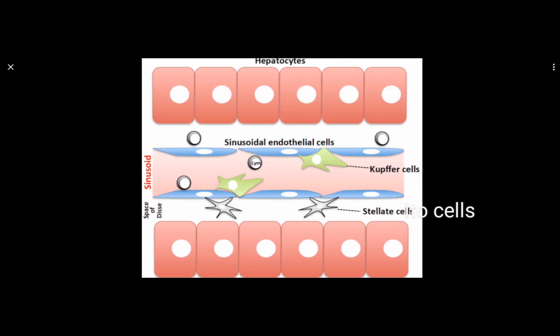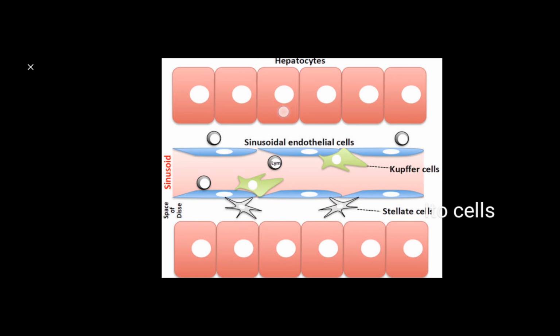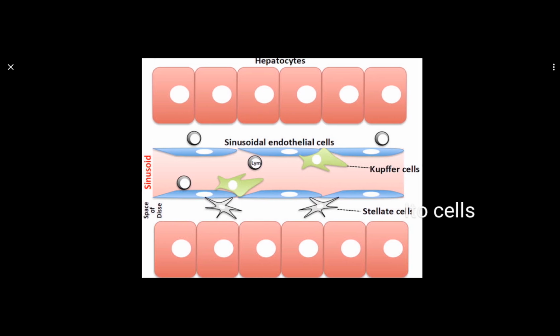Then this is the image showing the stellate cells or Ito cells. Basically in the question, what is asked is, what is the position of the Ito cells or stellate cells? These are the cells which are responsible for cirrhosis. So here we have hepatocytes, then we have sinusoids.